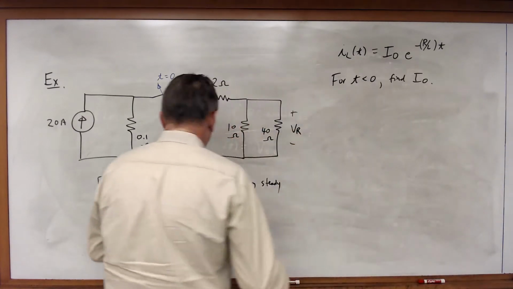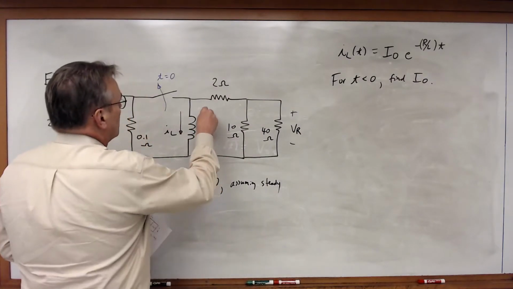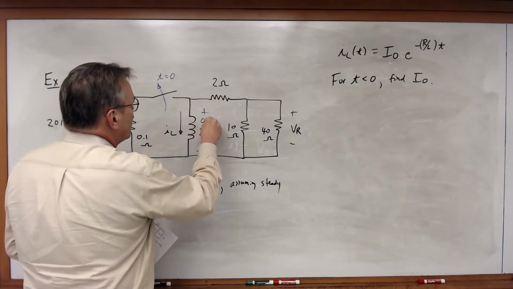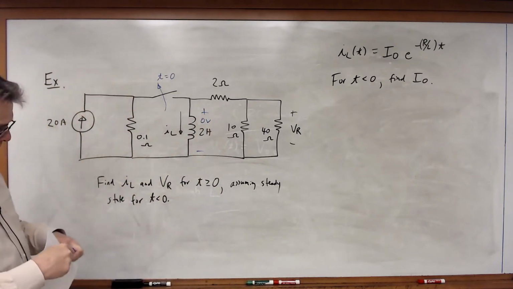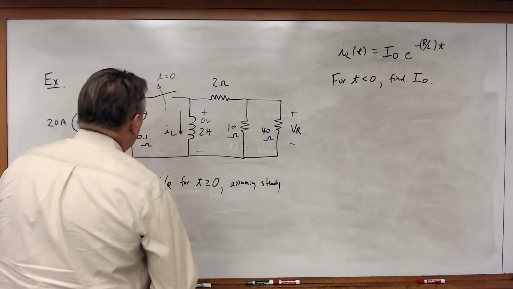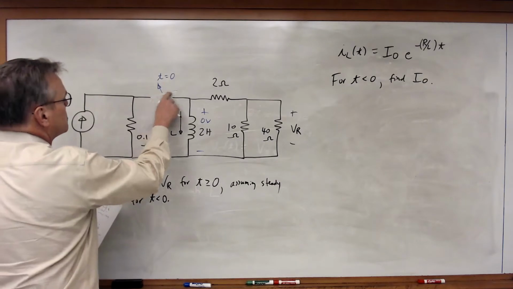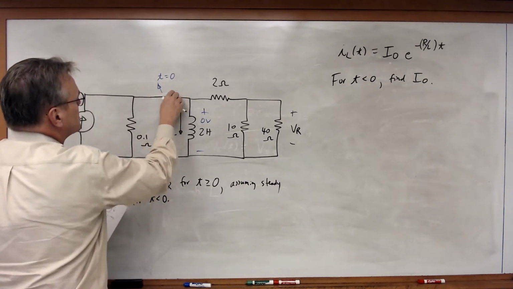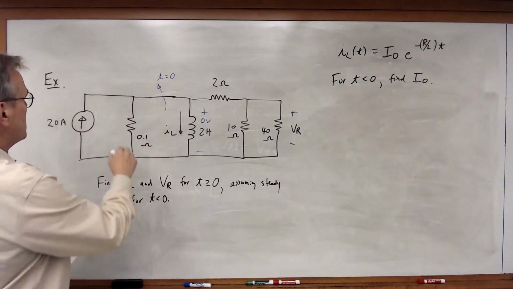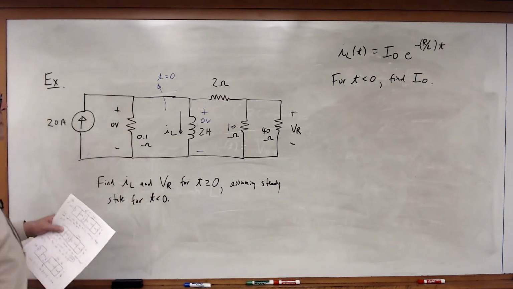Once again, the voltage across this inductor will be equal to 0 volts. And in this case, looking at this, if I've got 0 volts and this switch, of course, is closed, then I've got 0 volts across this resistor.